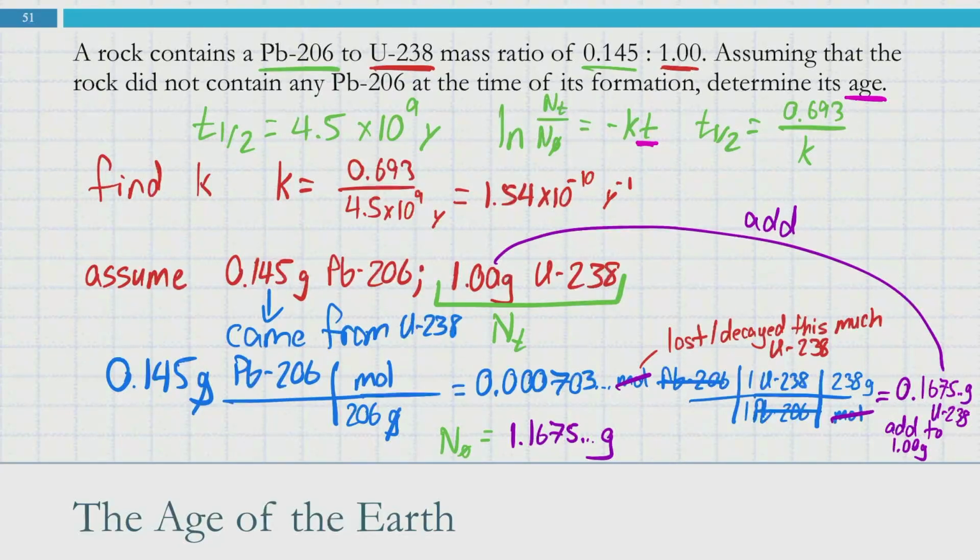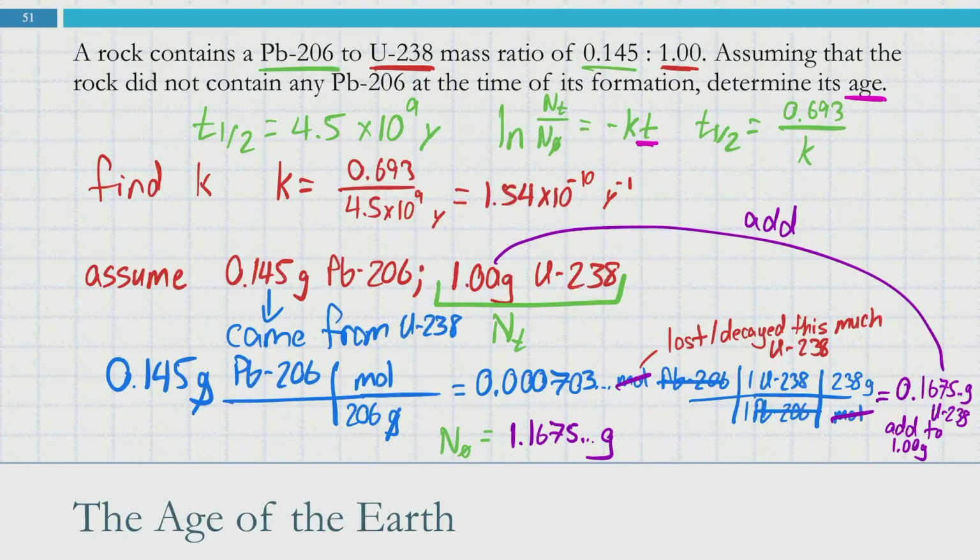Calculating back to the amount of uranium-238, we discovered that it was about 0.1675 grams of uranium-238. That's the amount of uranium-238 that decayed to form the lead-206 that we have. So we have to add this 0.1675 grams to the amount that we have now at whatever time t is. That's why we get 1 plus 0.1675.